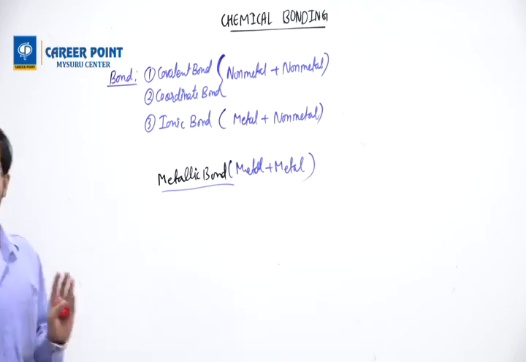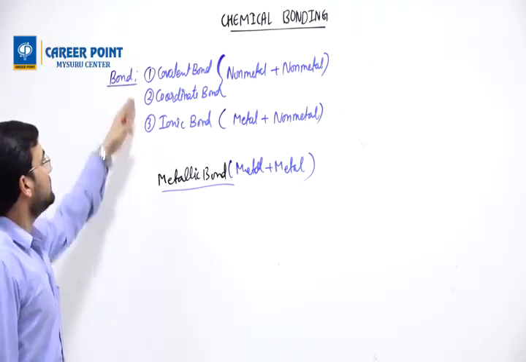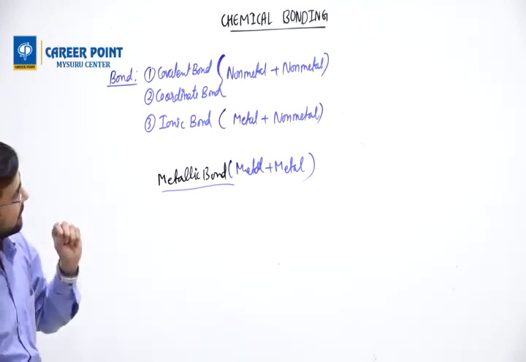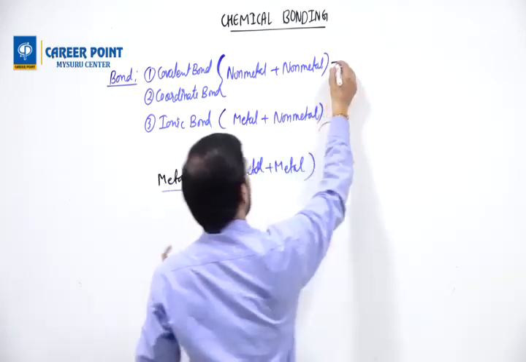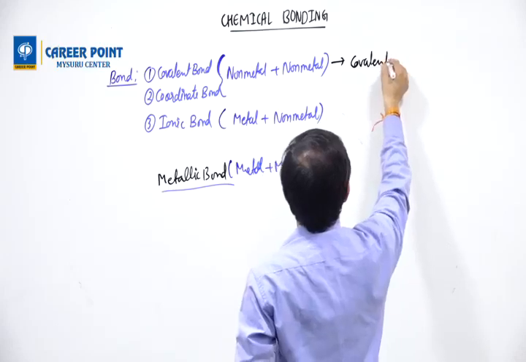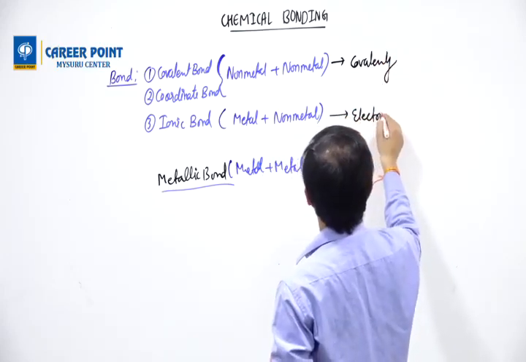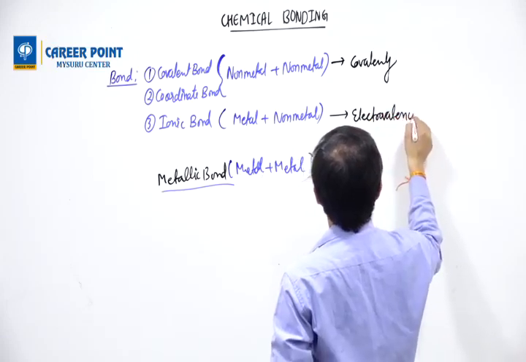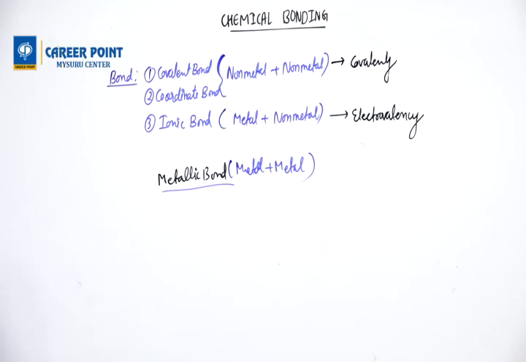Okay, easy job. Now, this we use very less. These three we use too much. While we are using these two, we have to understand one more factor: here bonds are formed because of a factor called covalency, and here bonds are formed because of another thing called electrovalency. Understand the difference? One is called covalency, another one is called electrovalency.